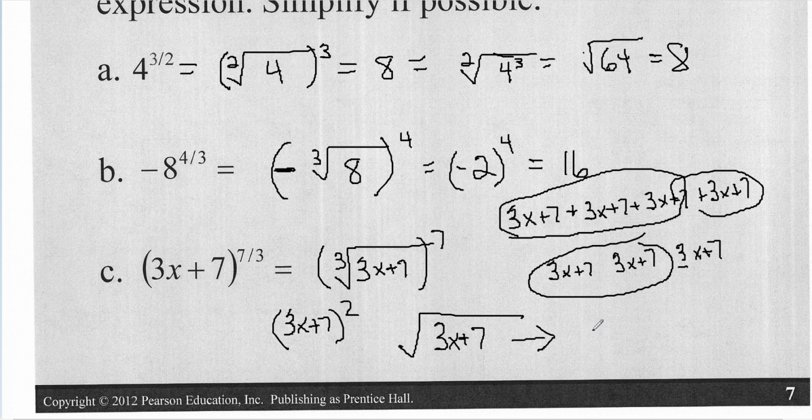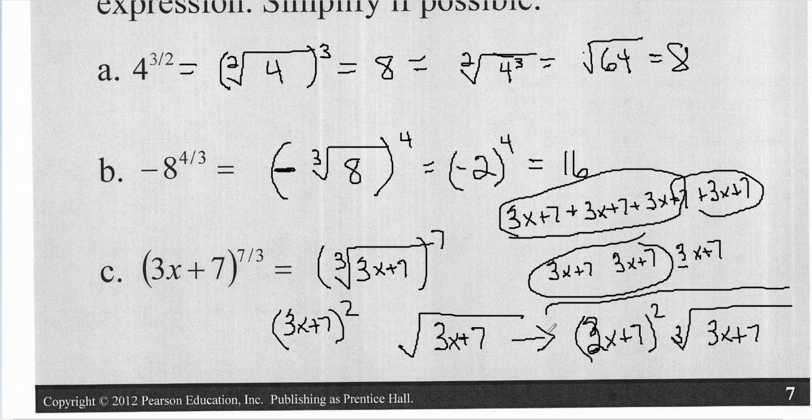So my answer looks like it's 3, that's a 3, x plus 7 squared, and in the radical sign, it's 3x plus 7. And what's missing? Make sure you write your little index number of 3. Okay, now this guy here is my answer. Okay, that was that.